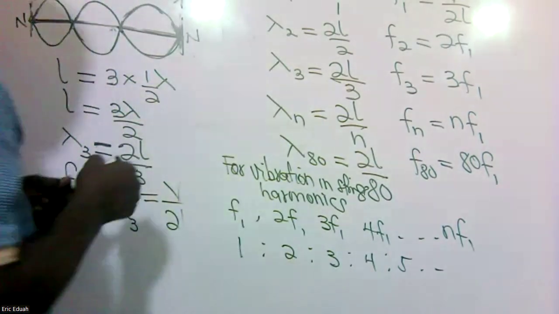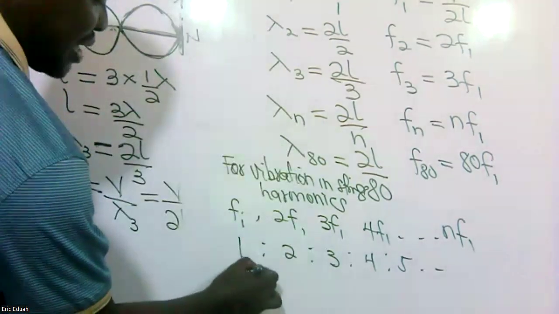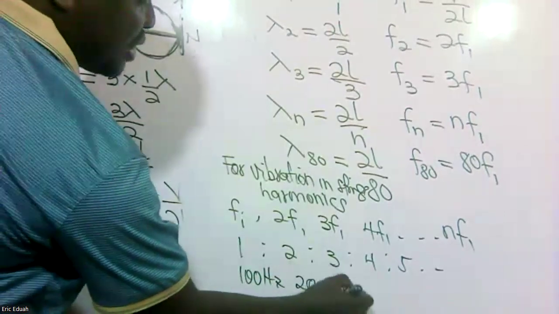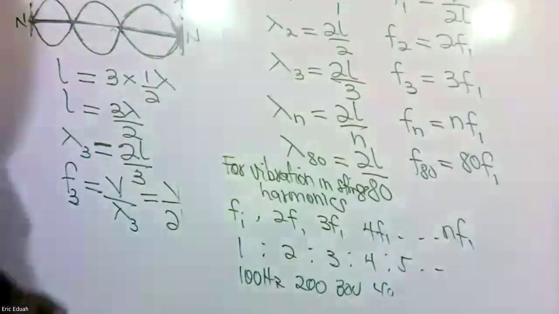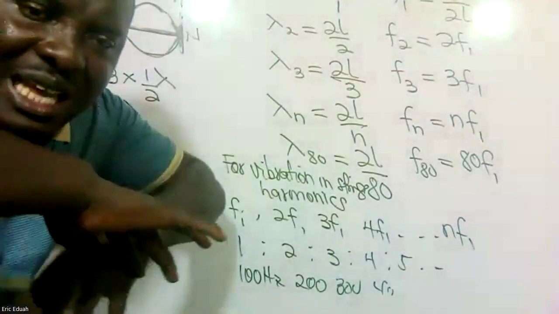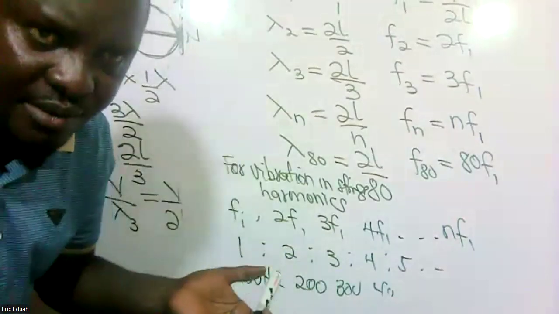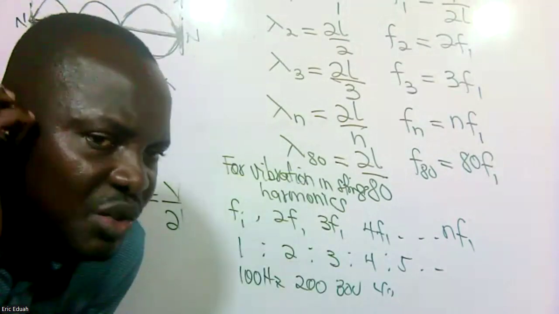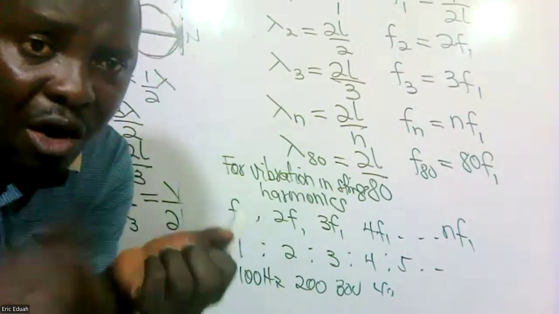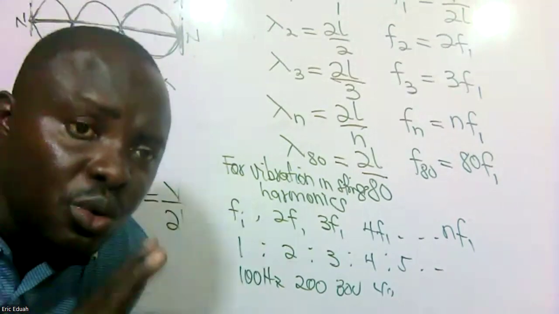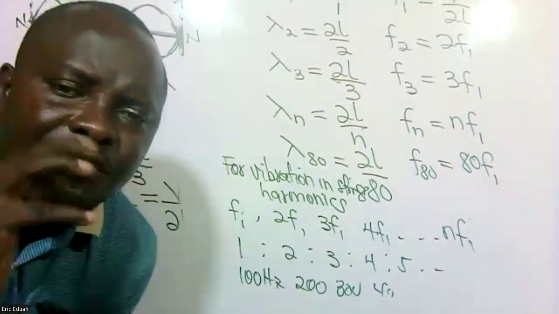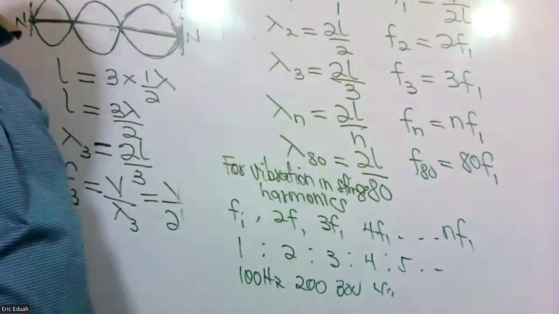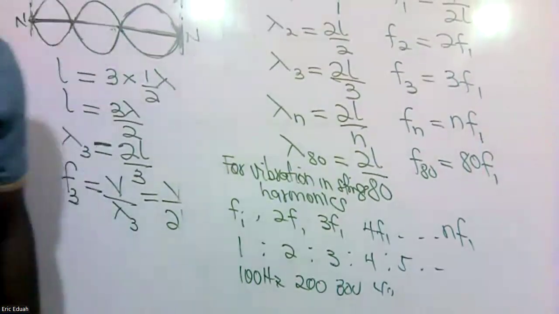For example, if F1 is 100 hertz, the next sound you hear will be 200 hertz, 300, 400, 500, on and on. That brings quality, or harmonics, into the sound we hear from string instruments. Later on, we'll look at other instruments and see how their frequencies affect the quality of sound you hear when they are played.